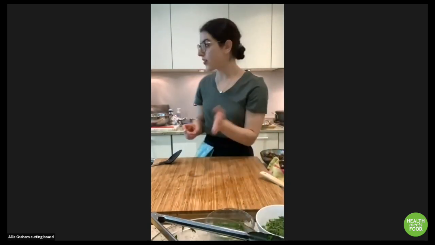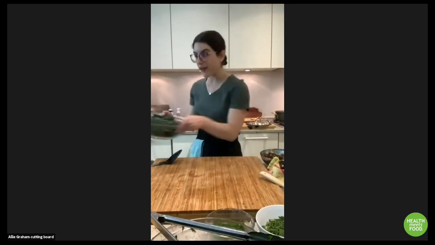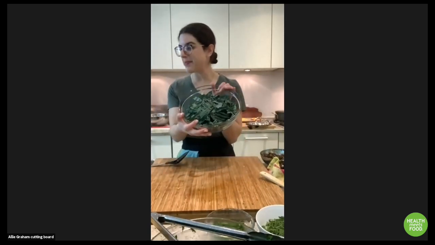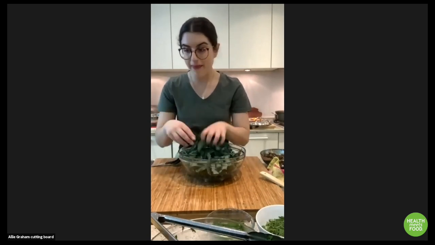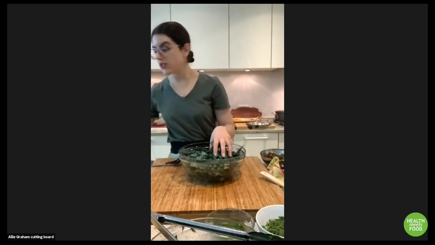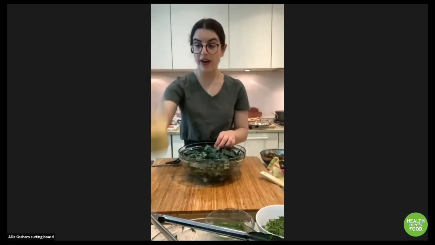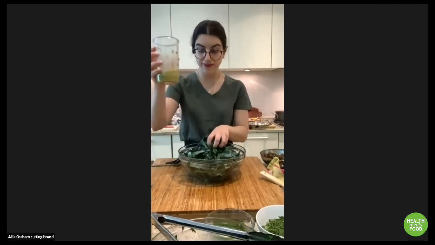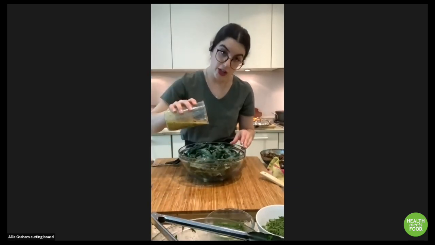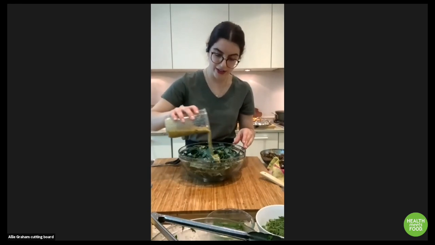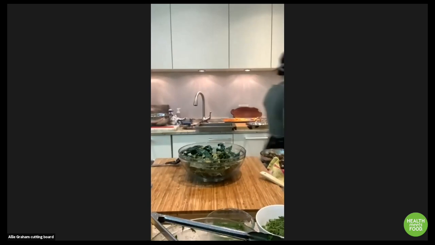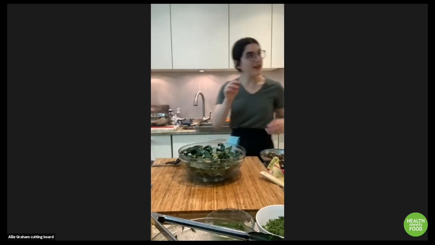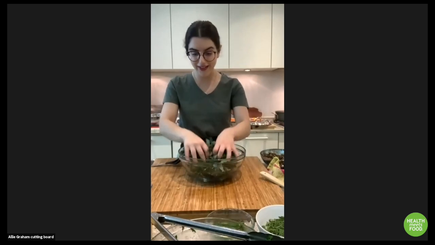So all we need for the green bowl is my kale. You'll notice this is about 4 cups of kale that's shredded. One of the best things to do with kale, and this is our red wine vinaigrette that we're going to use for this salad, is just drizzle it on, right? So drizzle on some of this, and then the best part of a salad that you do with kale is massage it, right?